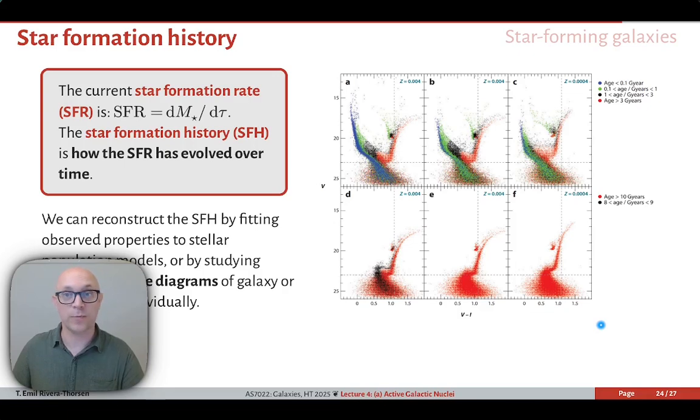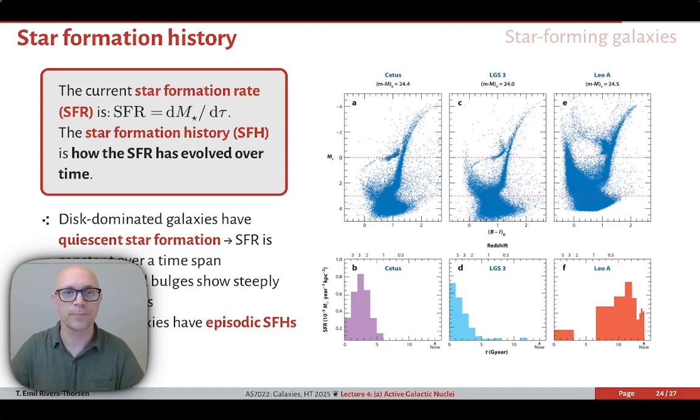And this means that if we can measure individual stars in such a population, we can come up with a very good idea of its star formation history.